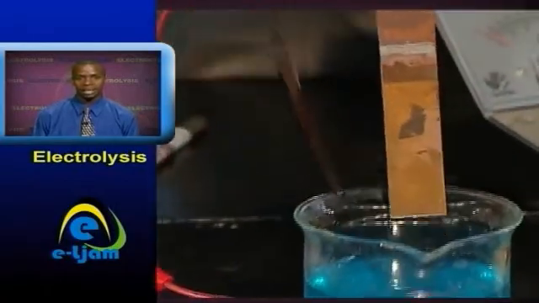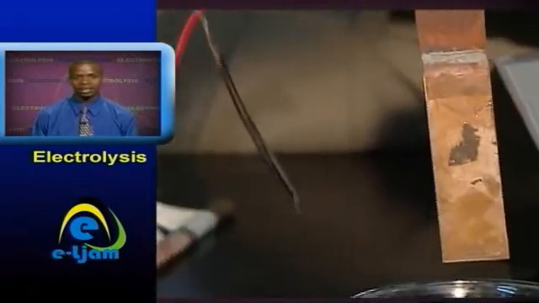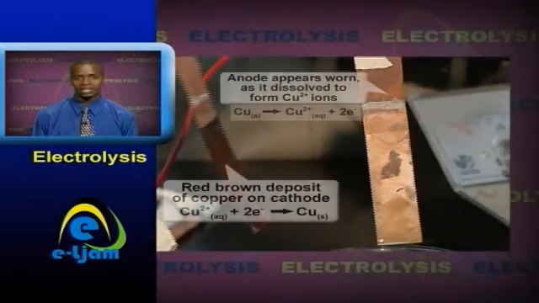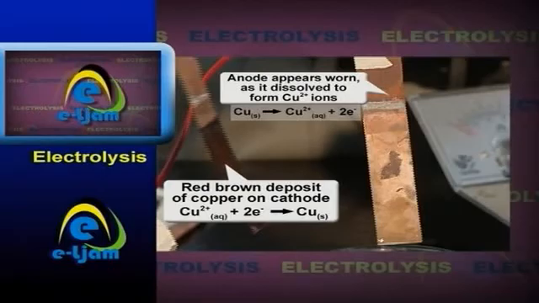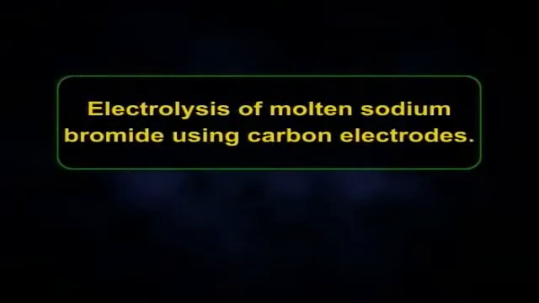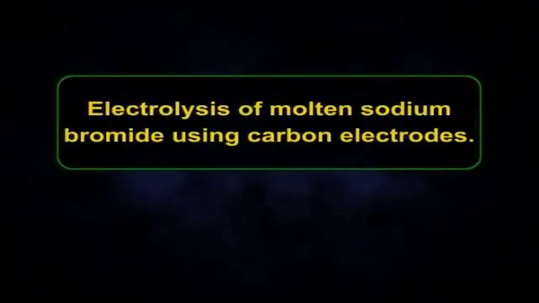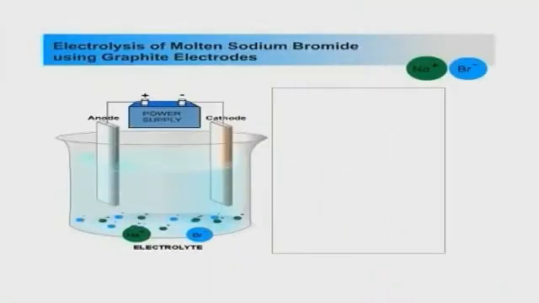Now that we have looked at the general process of electrolysis, let's look at some specific examples. The first thing you must do is identify the ions that are present. In the case of molten sodium bromide, only two ions are present, sodium and bromide ions.